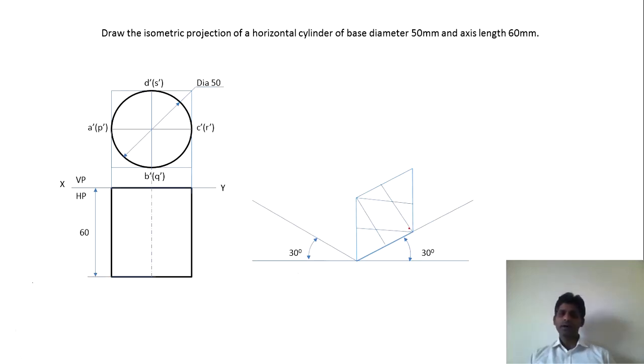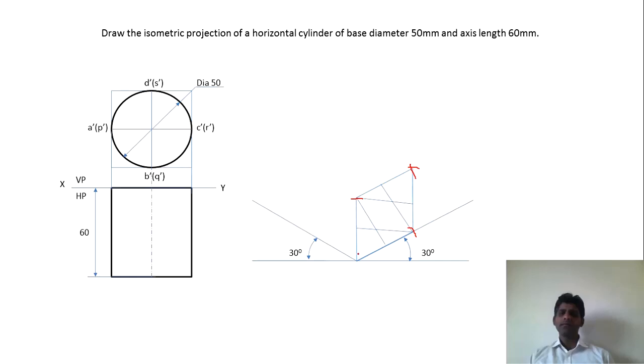Then draw this vertical line and mark that much of length, that is 50 into 0.81649. Then from this point you draw one arc, and from this point you draw another arc. So these two arcs will intersect, and thus we can draw this line and this line.